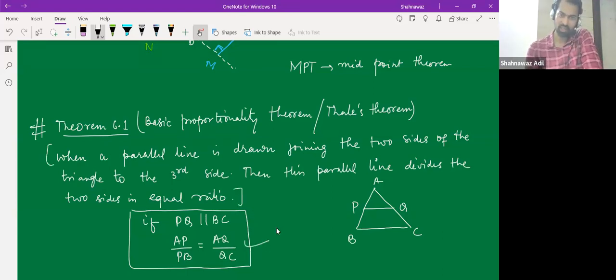So this is theorem 6.1: whenever we have a line which is parallel to the third side, it divides the other two sides in equal ratio. Clear?